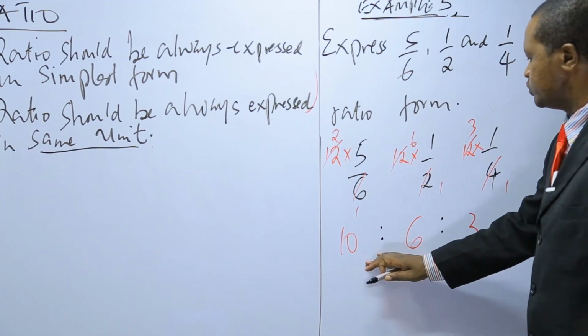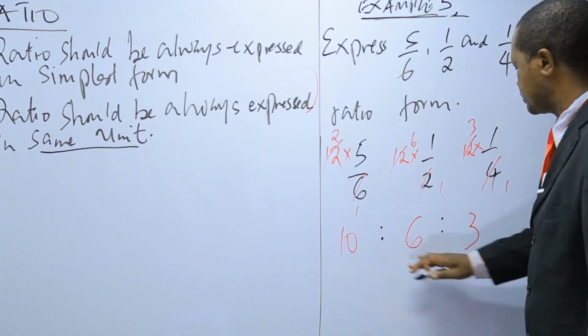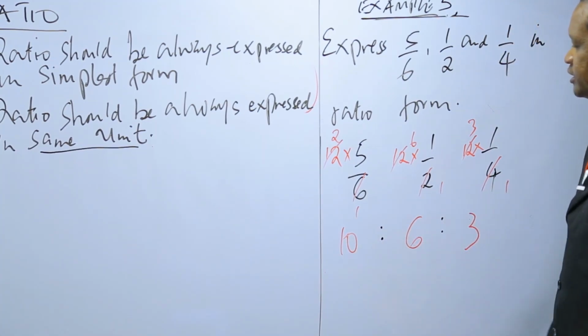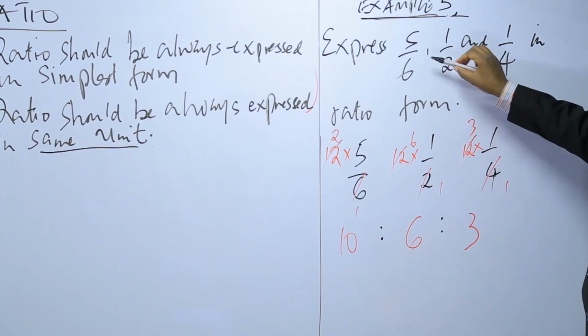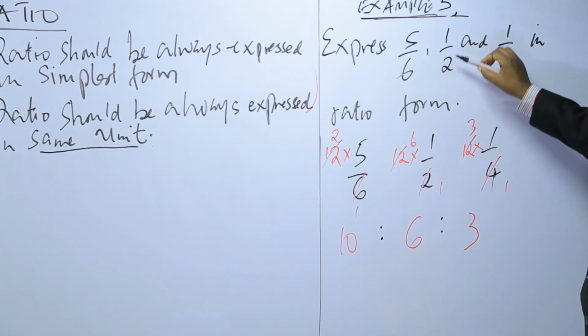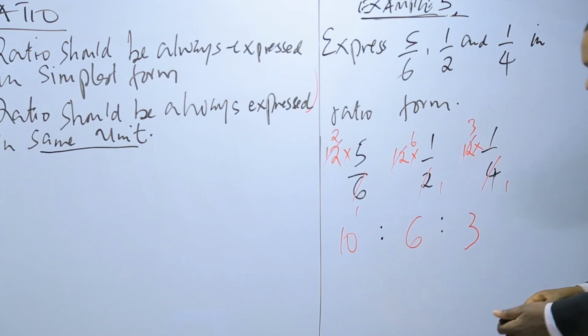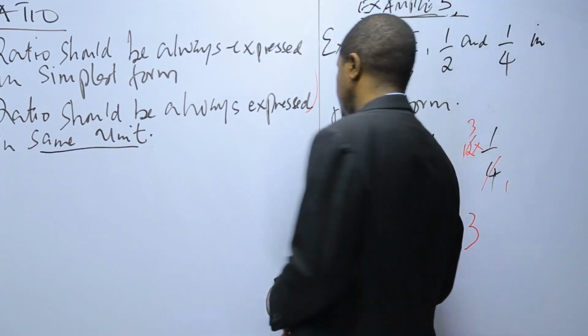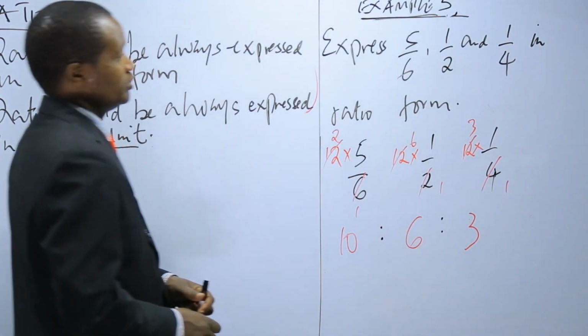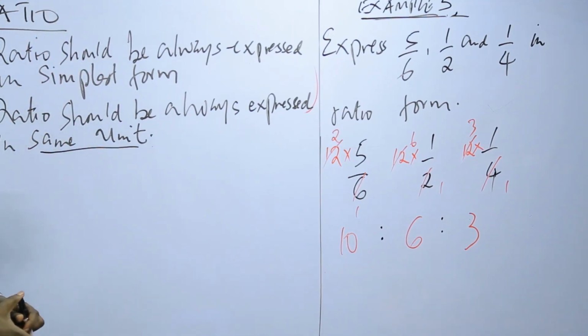So 10 to 6 to 3 is the ratio form of 5/6, 1/2, and 1/4. These are examples which we have done in today's lesson to help us understand ratio.